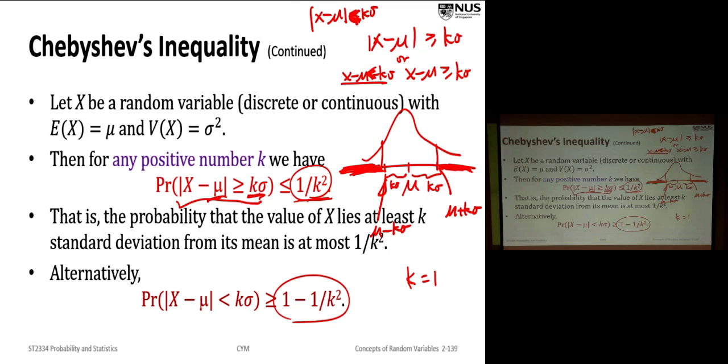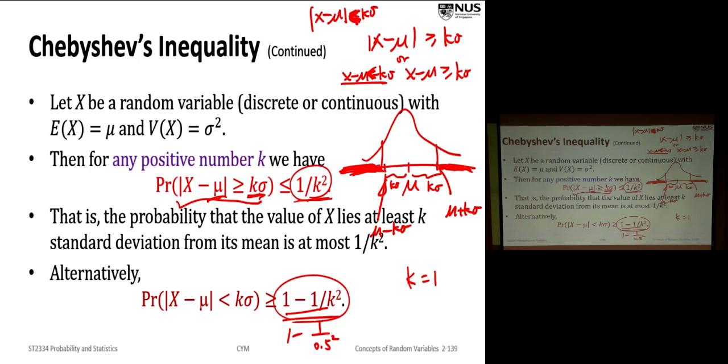So what happens if k equals 0.5? Wow. Then what do we have for this number? Negative. 1 minus 1 over 0.5 squared. 1 over 0.5 squared is a number bigger than 1, and 1 minus a number bigger than 1 is negative. Oh, but this is a lower bound.